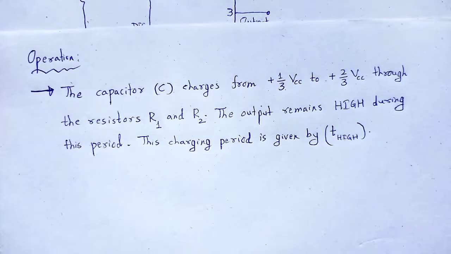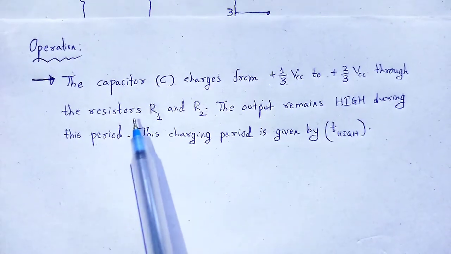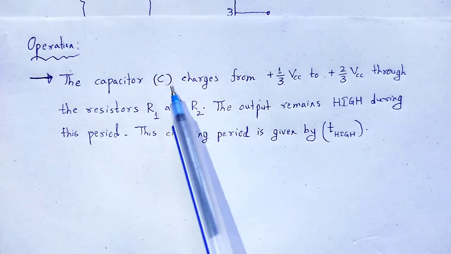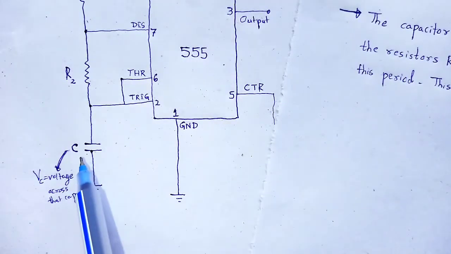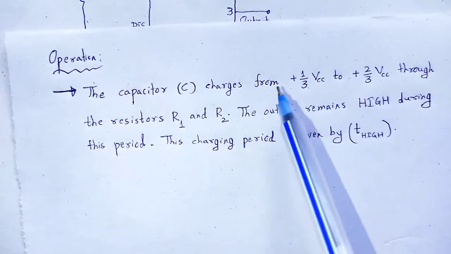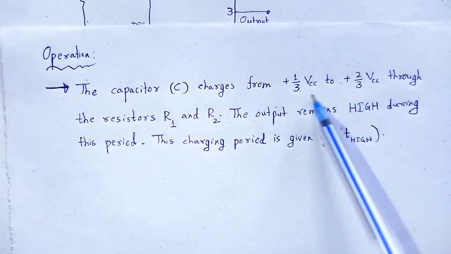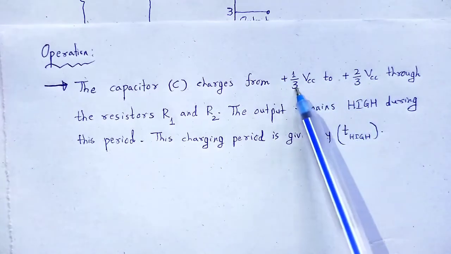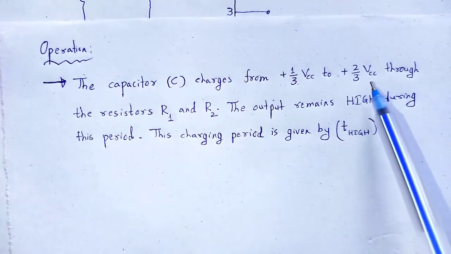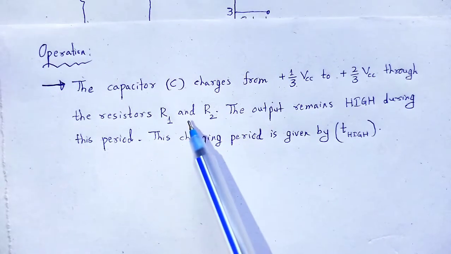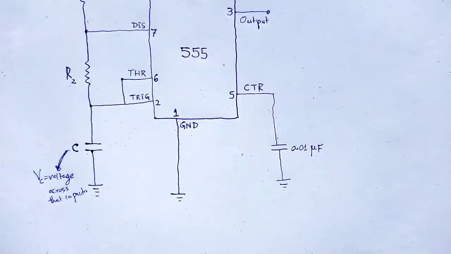First operation: the capacitor C charges from 1/3 Vcc to 2/3 Vcc through the resistors R1 and R2.